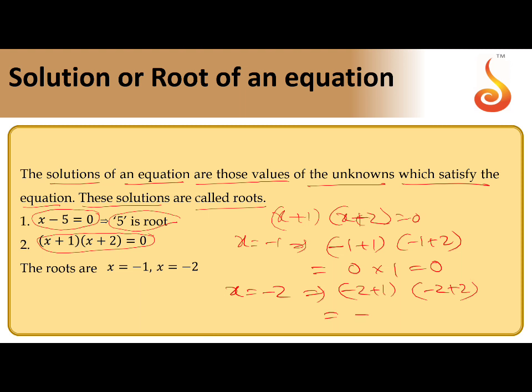So this gives minus 1 into 0. It is also 0. Therefore, x equal to minus 1 and x equal to minus 2 are both values satisfying the equation. So we call these two values the roots of the equation. That means the solutions of an equation are those values of unknowns which satisfy the equation. I hope the meaning of solution and root of an equation is clear.